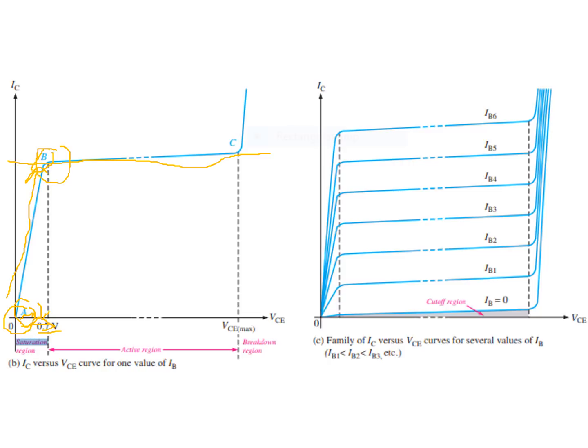Ideally, when VCE exceeds 0.7 V at point B, the base-collector junction becomes reverse biased and the transistor goes into the active or linear region of its operation.